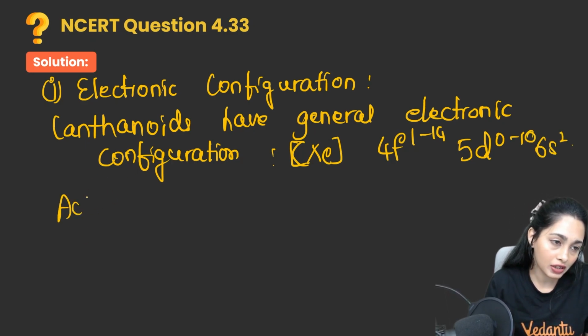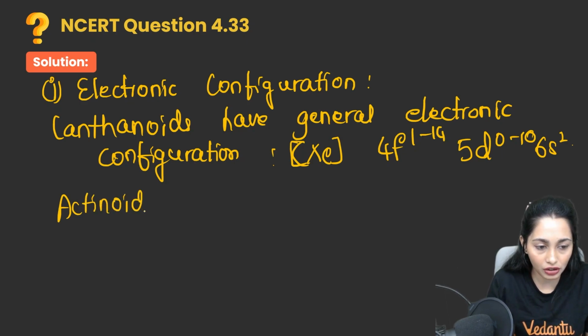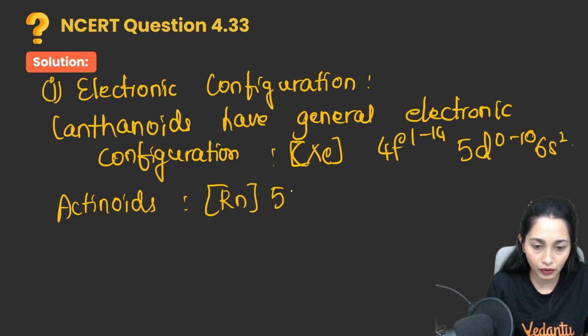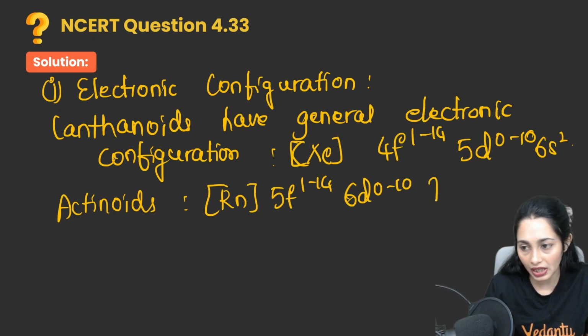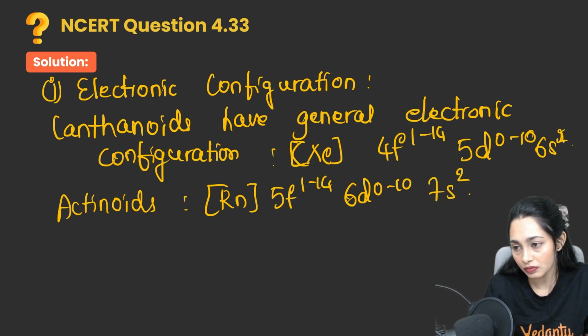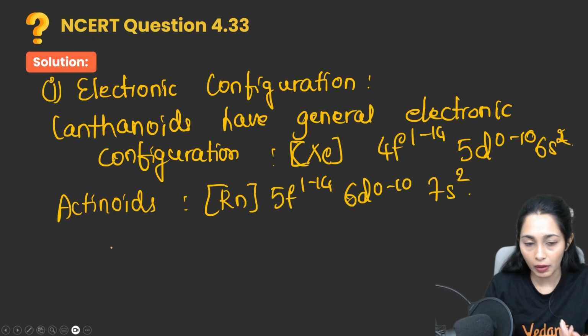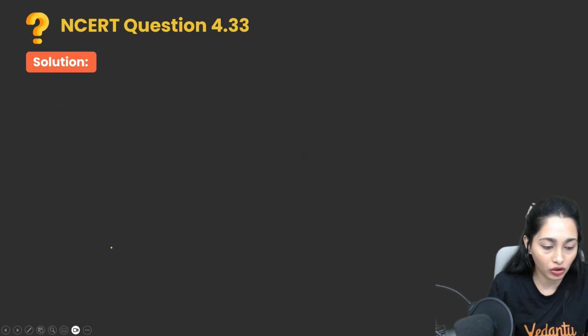Next, actinoids have the general electronic configuration radon followed by 5f1 to 14, 6d 0 to 10, and 7s2. So we have compared the first point, the electronic configuration.